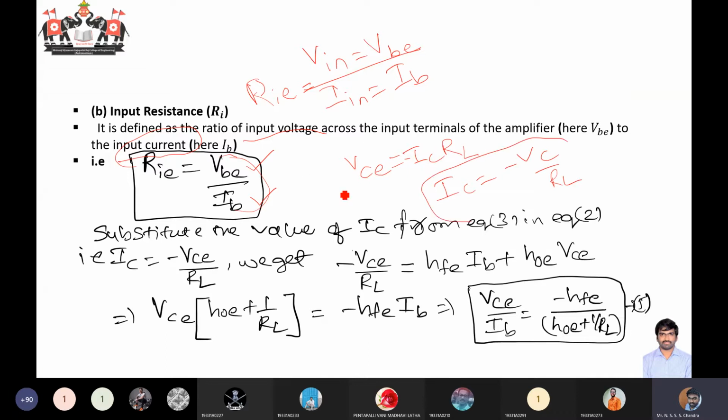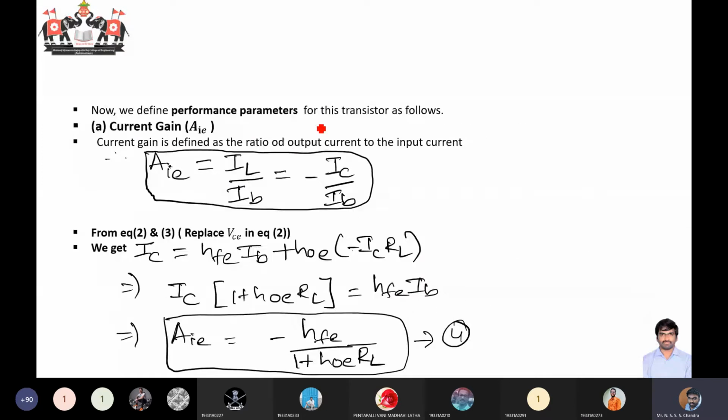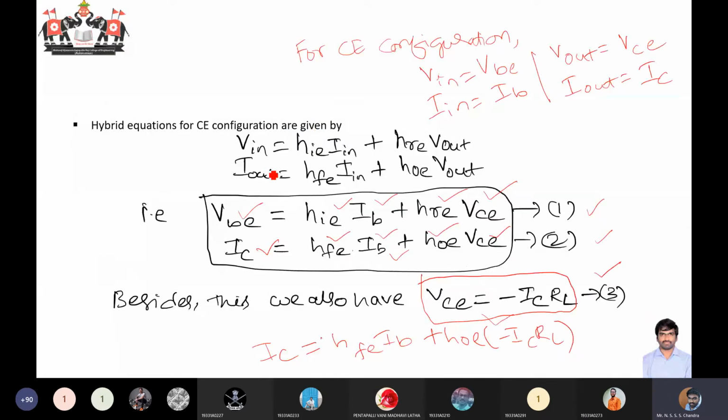Again, this value I'm going to substitute in equation 2. So what is your equation 2? IC is equal to HFE into IB plus HOE into VC. Now if I replace this IC value over here as minus VC by RL, what does this equation become?